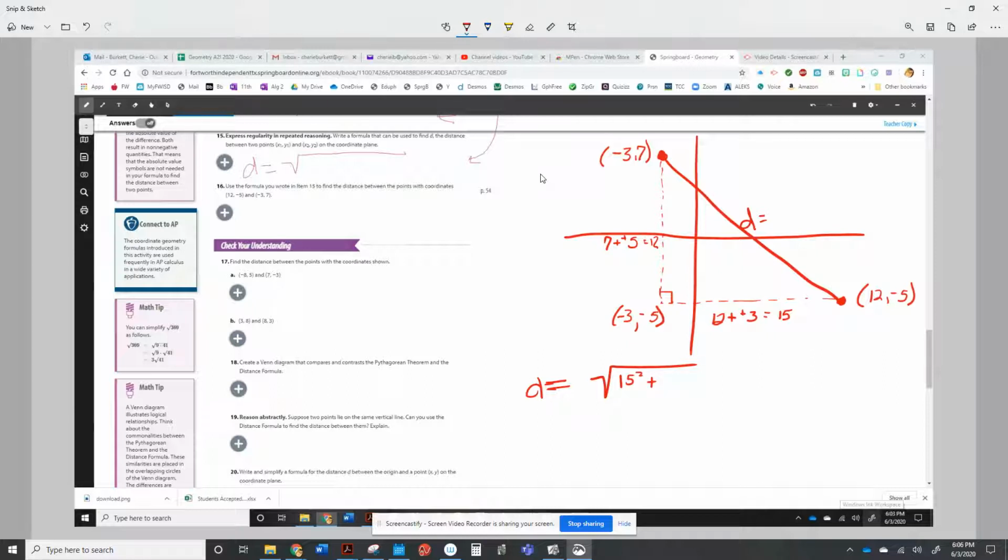And then we found this side length right here, which is 12. And we have to square it. And then we're going to add those squares together. I think that's 225. And that's 144. And when you add those two together, you get, what is that? 369.